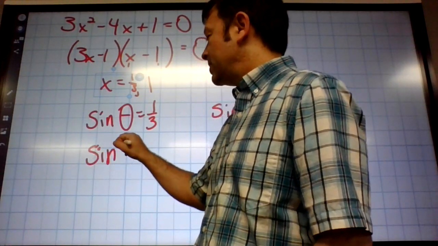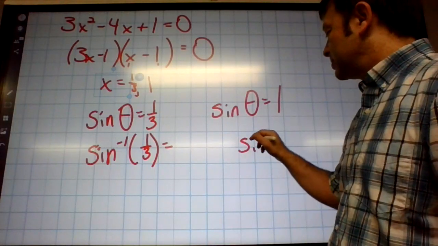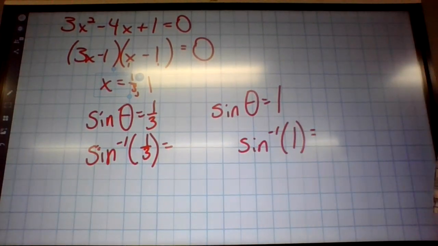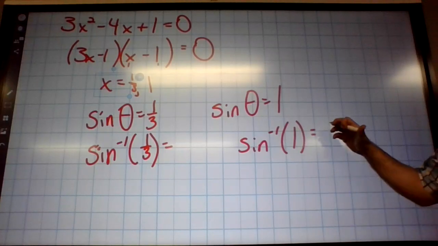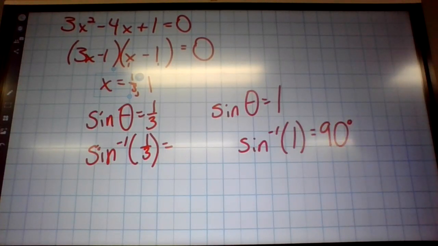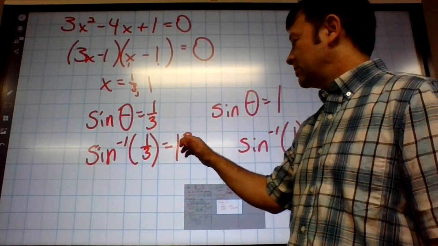So it's sine inverse of 1/3, and this one is 19.5.